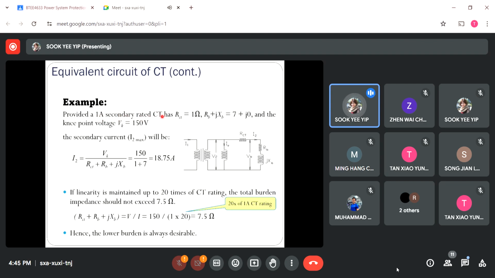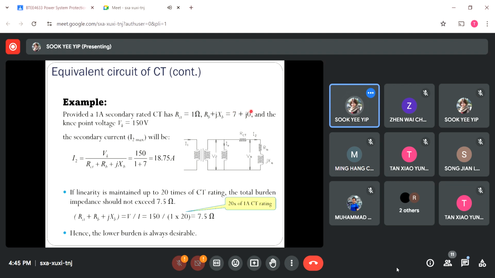This current transformer is configured with secondary winding turns, and these secondary winding turns give us an internal winding resistance of 1 ohm. Then we have a burden connected at the secondary side, which is a pure resistive load of 7 ohms.